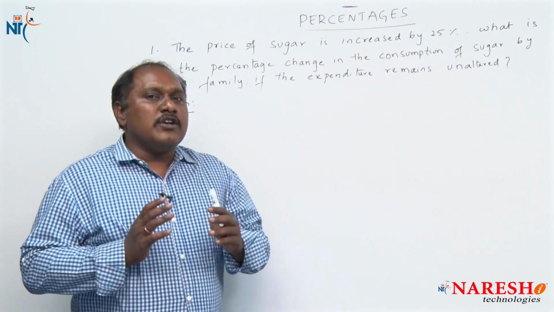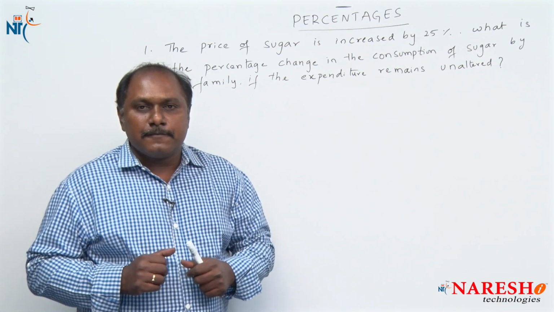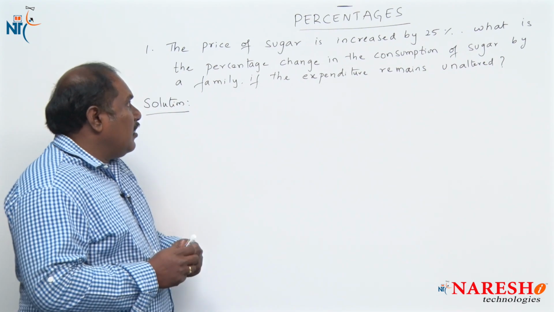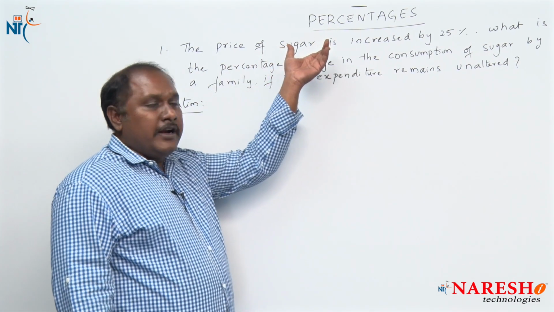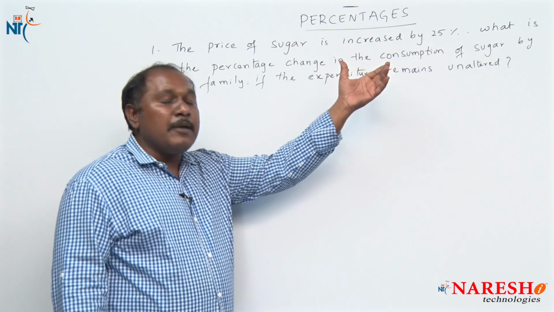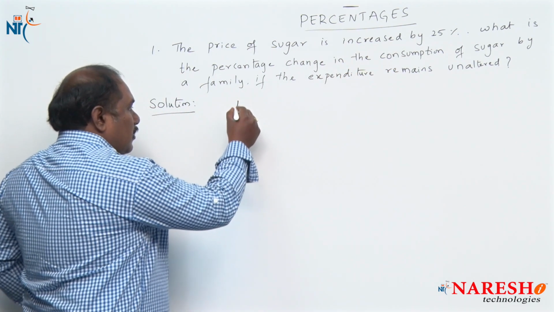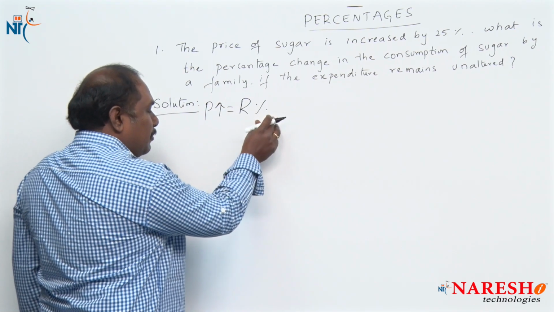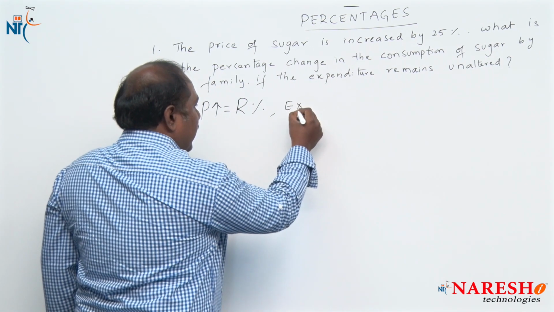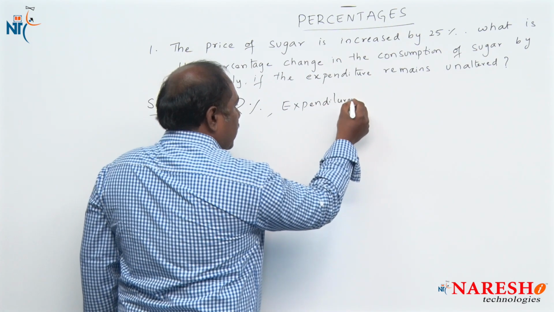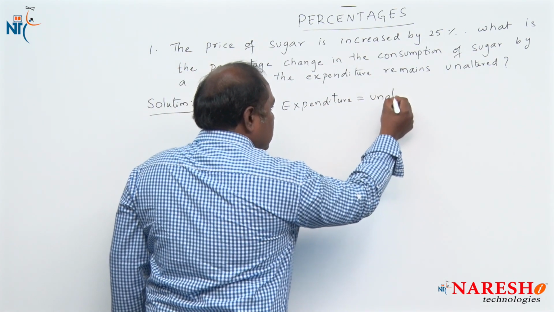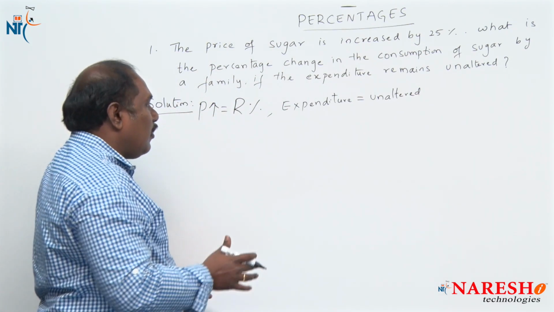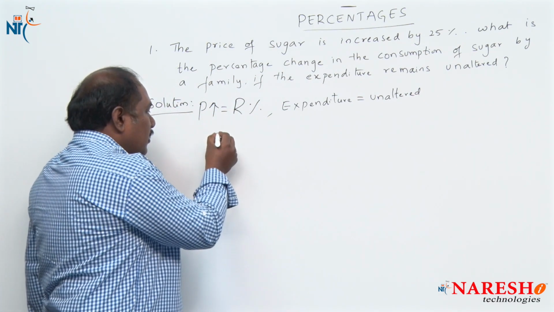First method, you can solve this problem by using a formula. Now how to solve this problem by using a formula? Now, when the price of any commodity is increased by R%, and when expenditure is unaltered, unaltered is no change or constant, then what happens to the consumption?